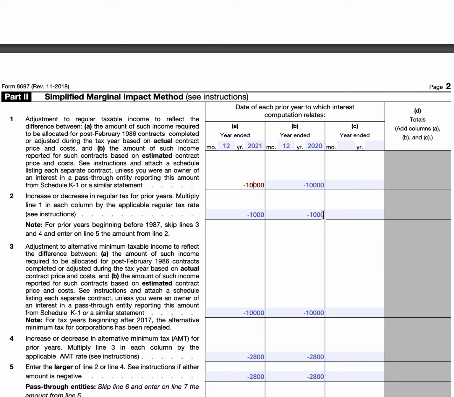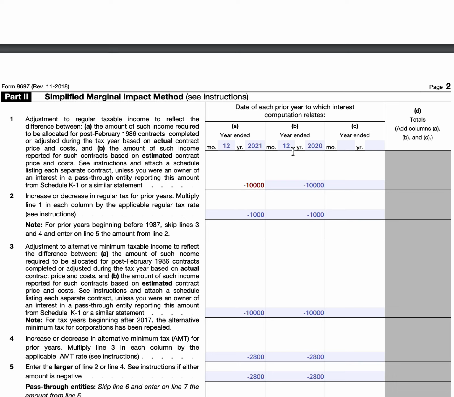So again, the simplified marginal impact method assumes that you're at the highest tax rate. The table goes all the way back to before 1987, where they used to have a 50% highest marginal tax rate.